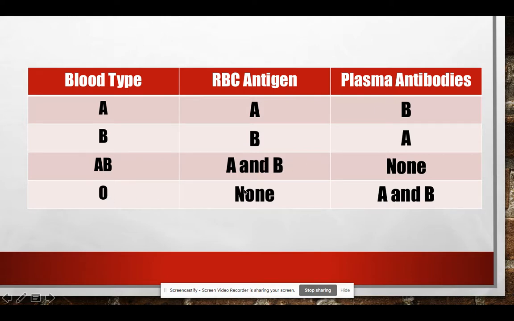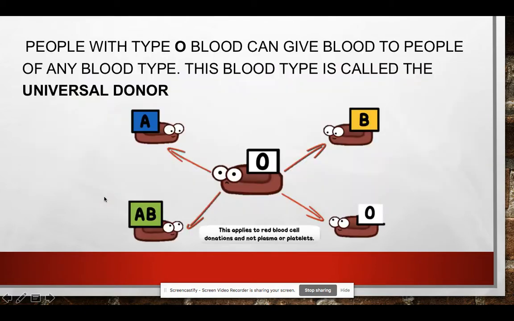And I can accept O blood because it has no antigens in it for me to react to. So A blood can accept both A and O blood for donation. Now, people with O blood can actually give blood to any blood type, which is really cool. Because they have no antigen on them, they can donate blood to A, B, AB, or O. They are called the universal donor.